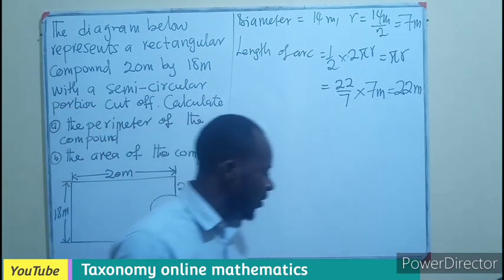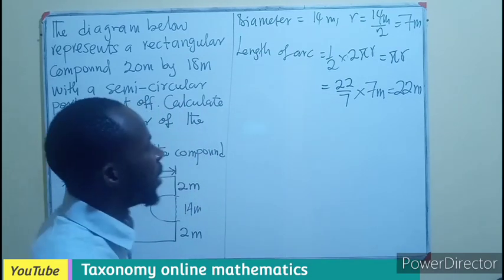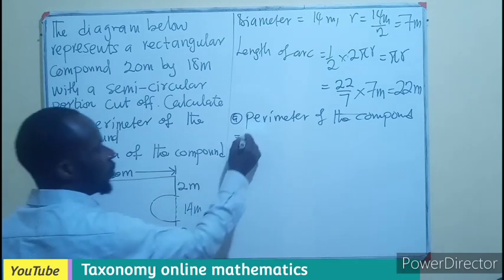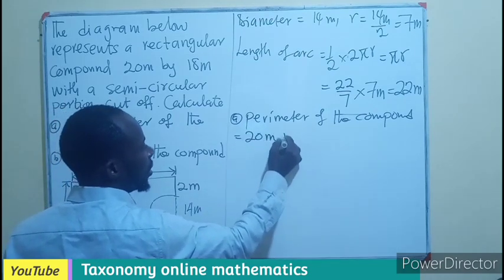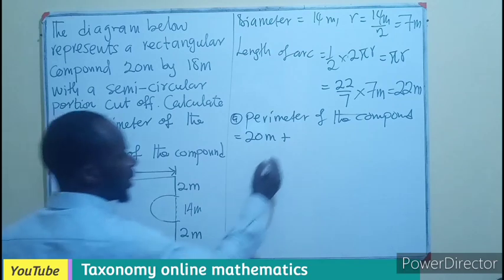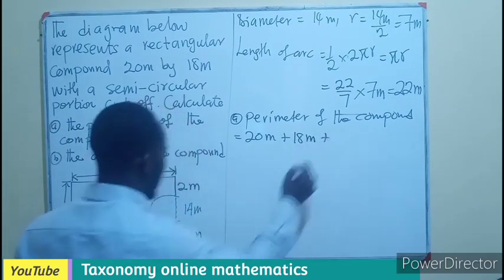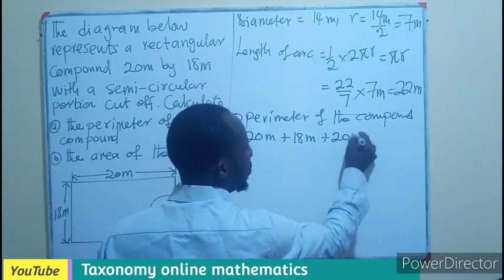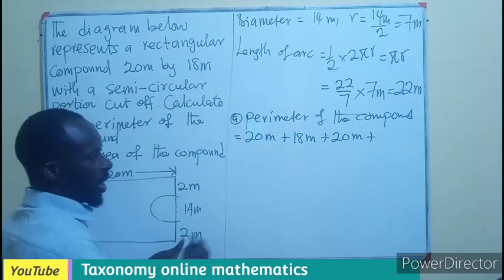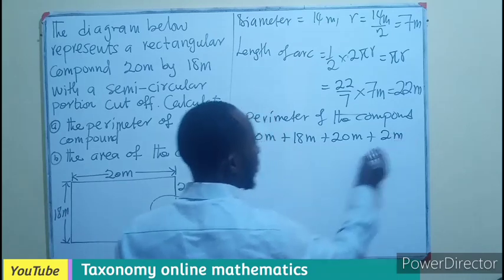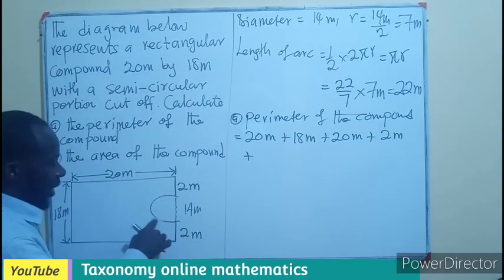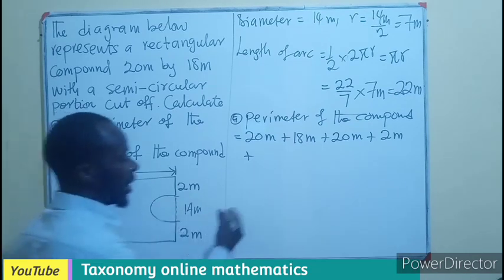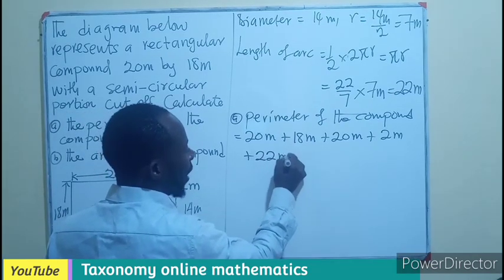In finding the perimeter of the whole compound, the distance we walk here is 20 meters, plus the distance here, 18 meters, plus this is the same as this, so we still have 20 meters. We are now here going to be 2 meters plus the length of this arc, which is the circumference of the semicircle, 22 meters.